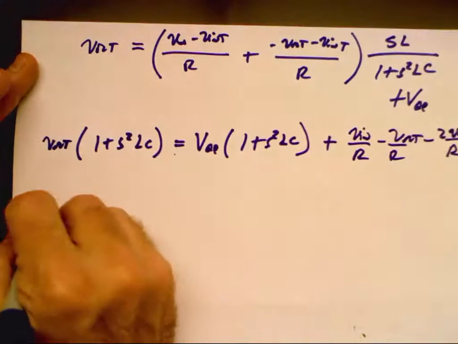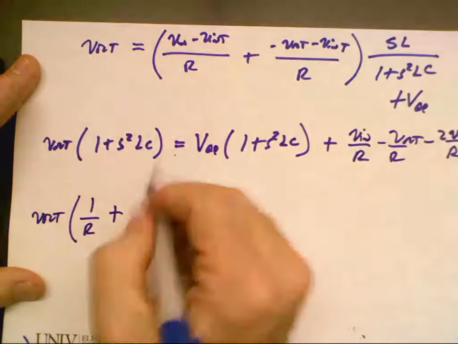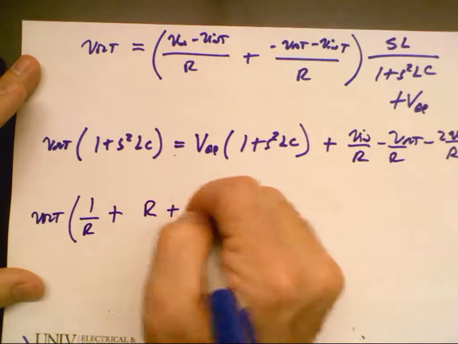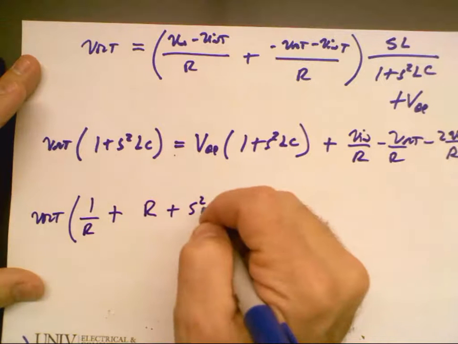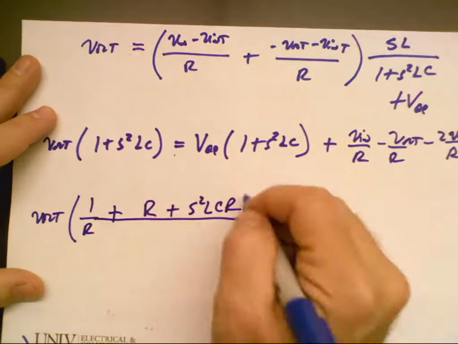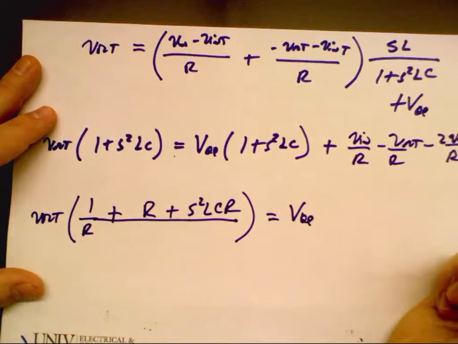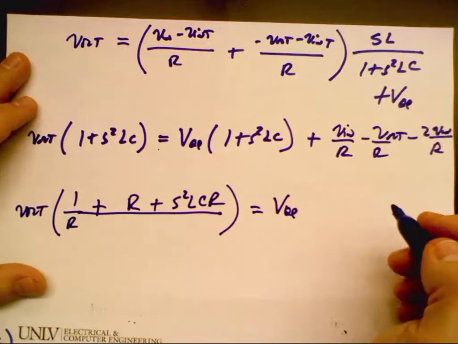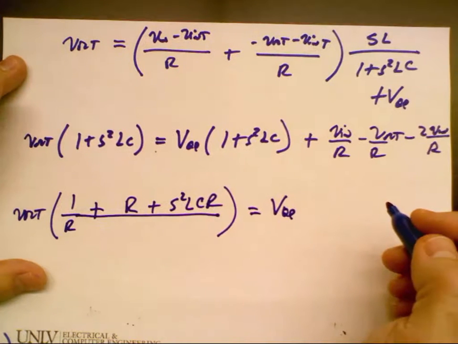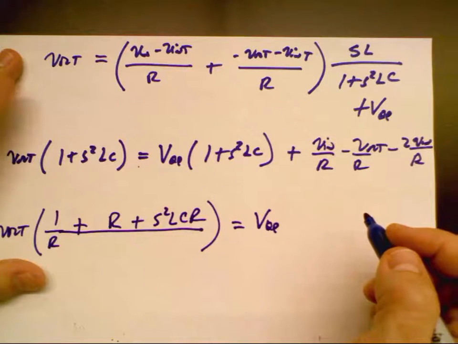And we get V out times 1 over R plus R plus S squared LCR equals V. What's that? SL. Sorry.